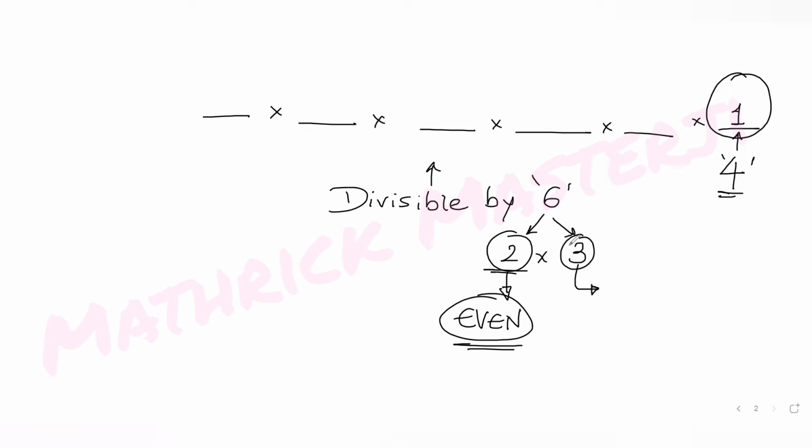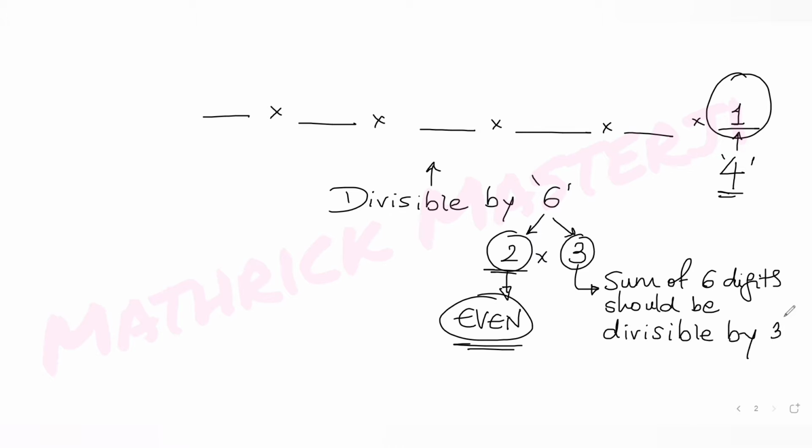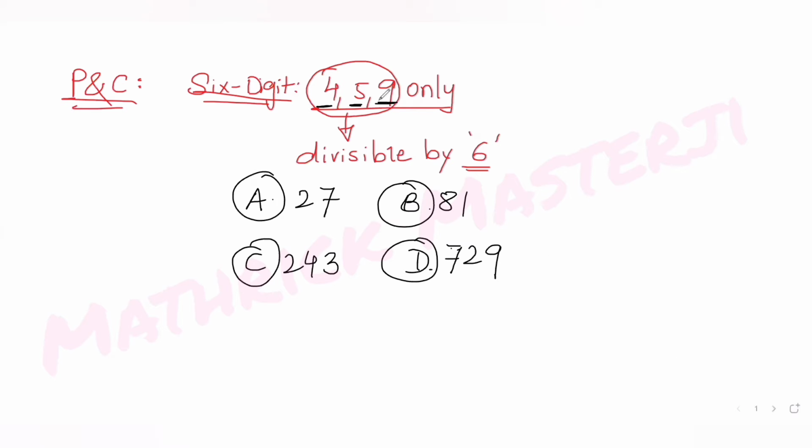And for the number to be divisible by 3, the sum of all the six digits should be divisible by 3. So let's analyze how many six-digit numbers we can form using the digits 4, 5, and 9 that are divisible by 6.